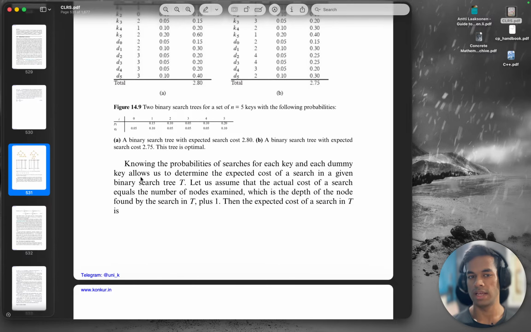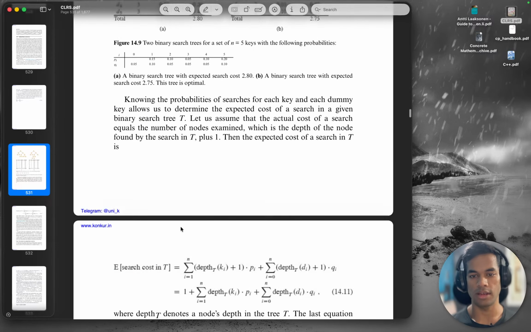So we would like to minimize the expected cost of a search in a given binary search tree T. Let us assume that the actual cost of a search equals the number of nodes examined, and we multiply that by the probability of how many times it is going to be searched for, which is the depth of the node found by the search in T, plus 1.